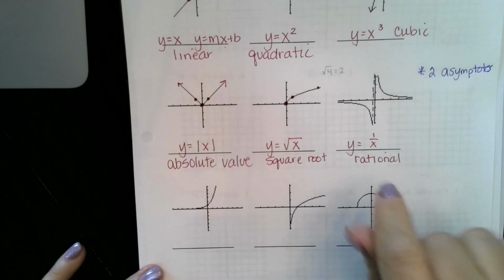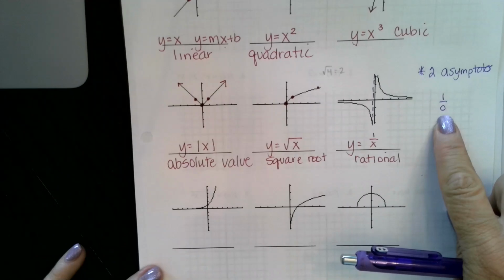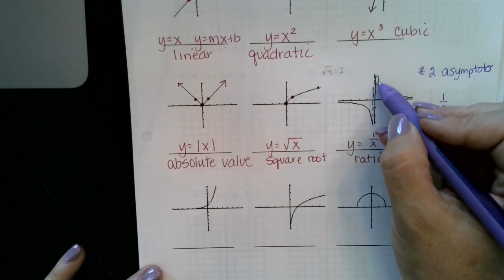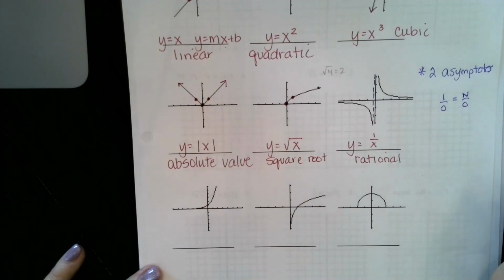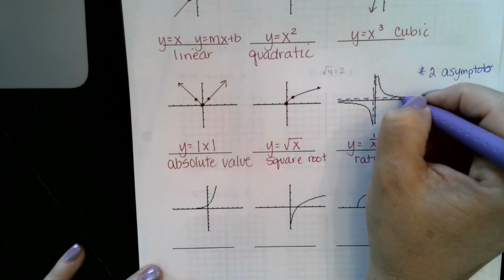And here's why. Because if I have 1 over 0, we say that this doesn't work, right? This is a no-go. So I have this asymptote here, which says that my line approaches 0, but can never be 0 because I know that this doesn't work, okay? And then I also have an asymptote in the horizontal.